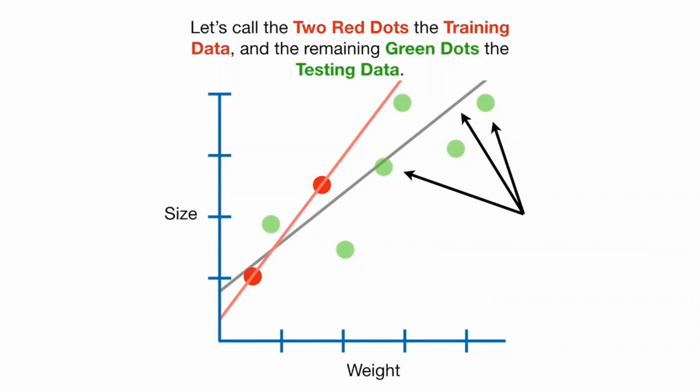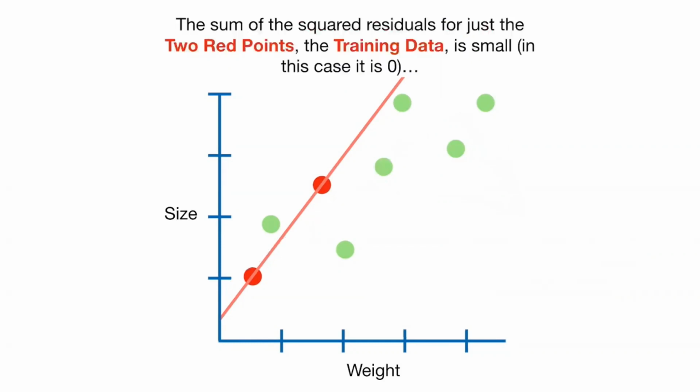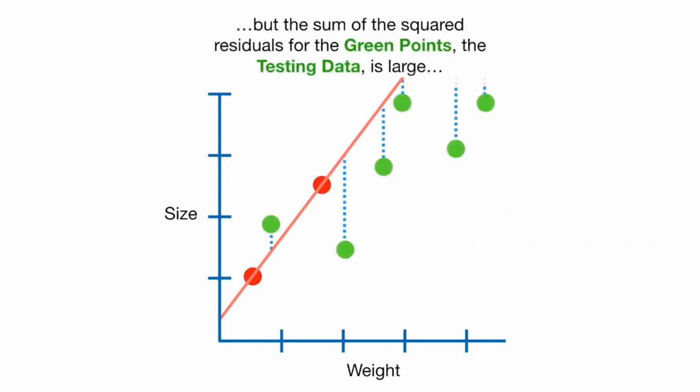We have the red dots as the training data and the green dots as our testing data. The sum of the squared residuals for just the two red points in the training data set is small, in this case 0. But if you find the distance between the test points and the predicted line, it is large.